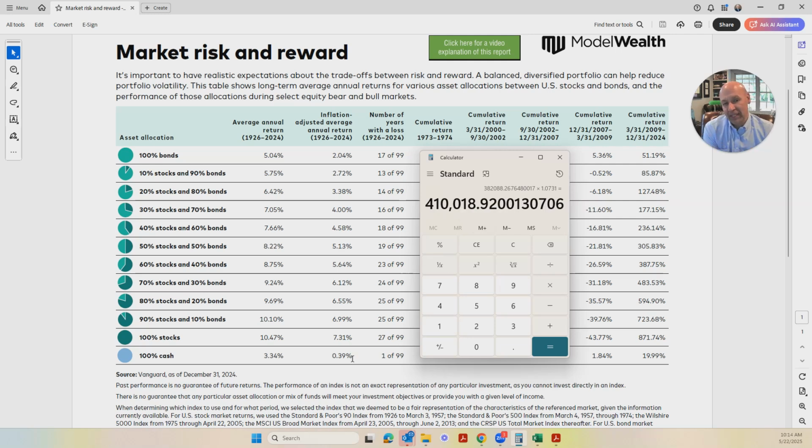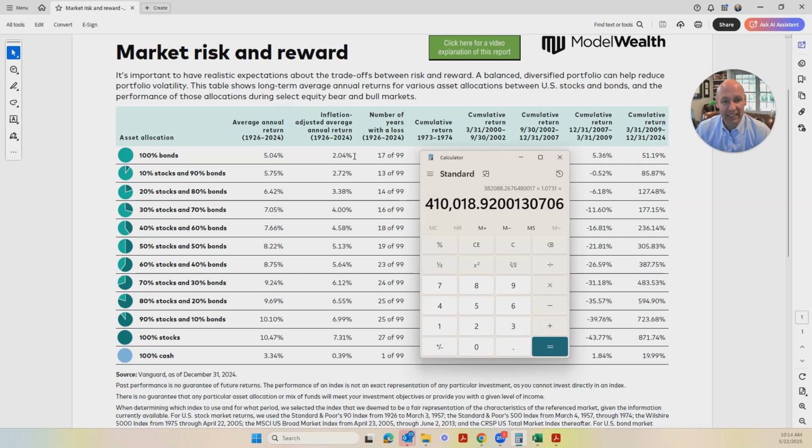So ultimately, for the safety and certainty and daily access of keeping your money on the sidelines in cash, your 100,000 grows to today's feel of 108,000 by historical returns. If you loan it out in the bond market, your 100,000 over a 20-year period grows to today's feel of a little over $149,000.